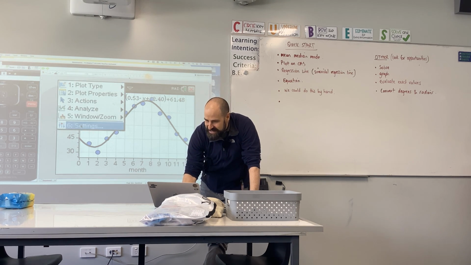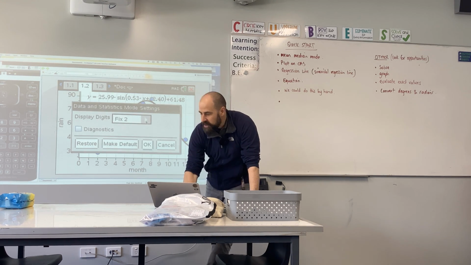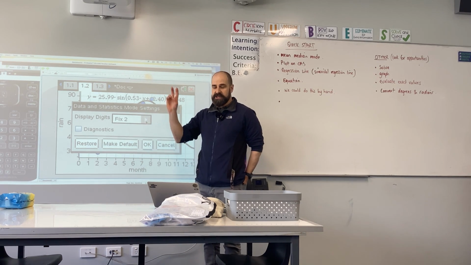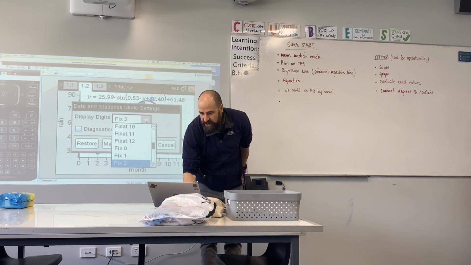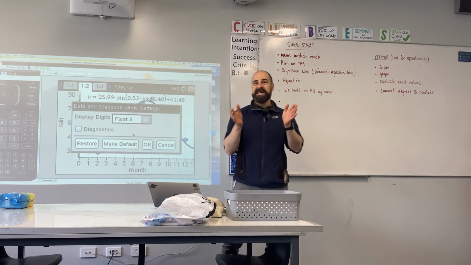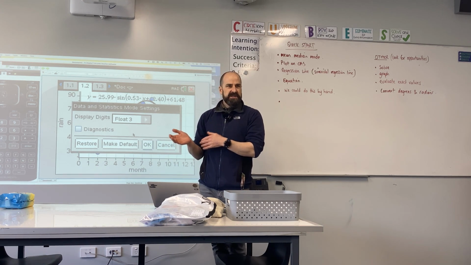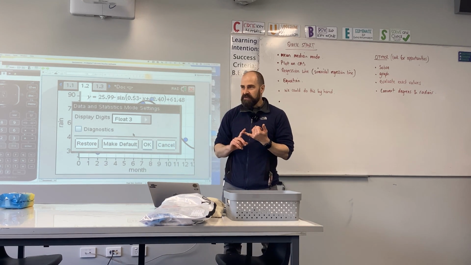Menu, settings. I've got this set to fix 2. Fix 2 is giving me 2 decimal places all of the time. If I go to float 3, that is 3 significant figures. Have you guys ever learnt about significant figures versus decimal places? A couple of people saying yes.